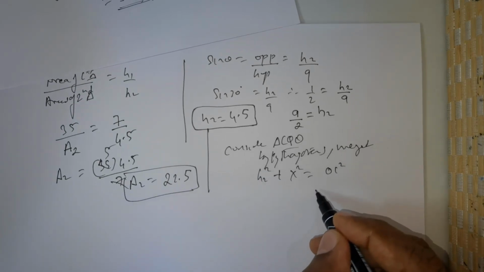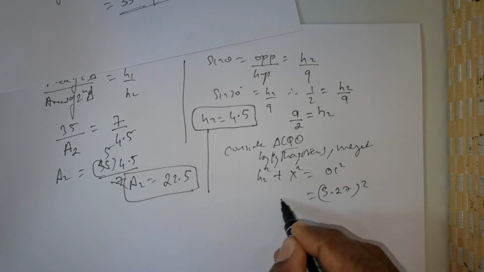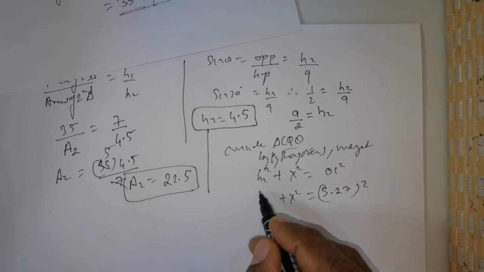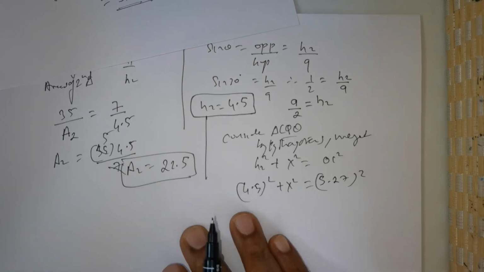Now I've got OC squared, 5.27 squared. I need to know x squared. I got h2 also, h2 is 4.5 squared.